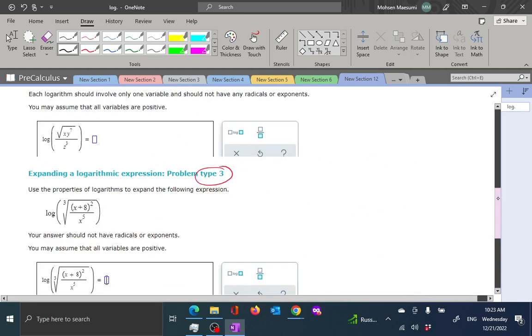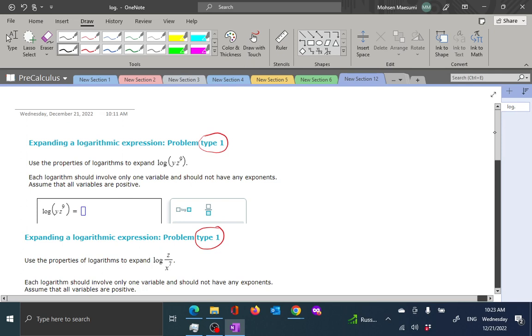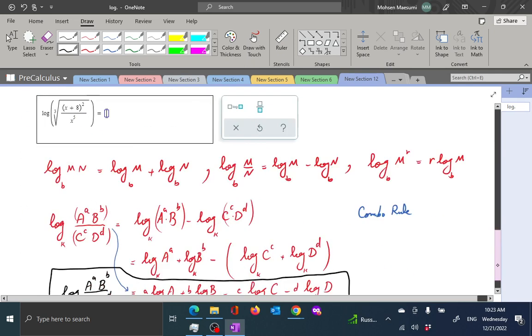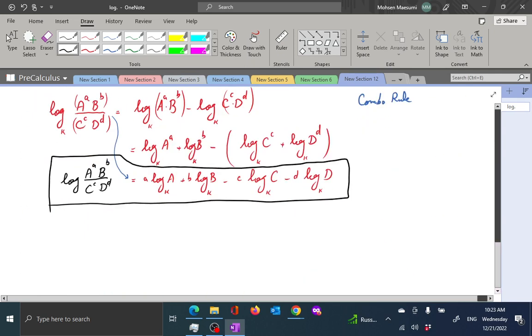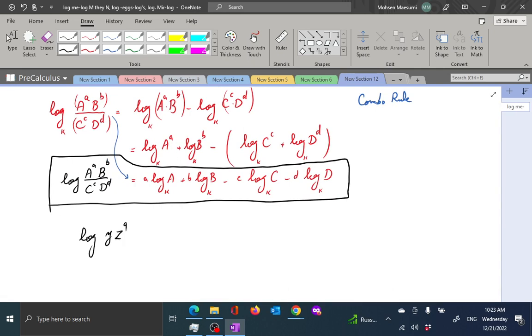So let's go ahead. The first case, yz^9, for logarithm of yz^9. So when nothing is written, we said this means logarithm base 10. That is just to save writing and reduce clutter.